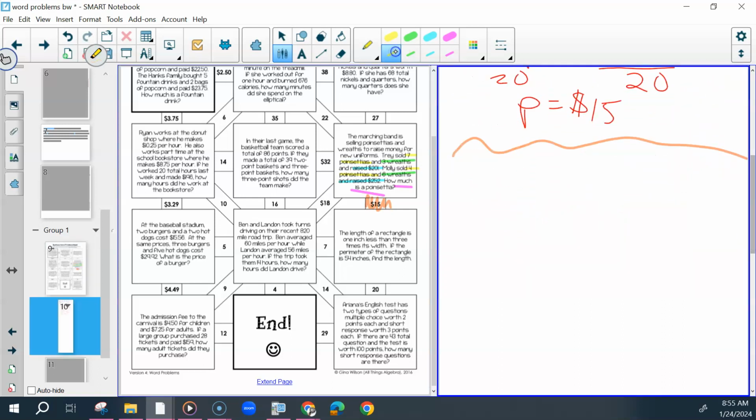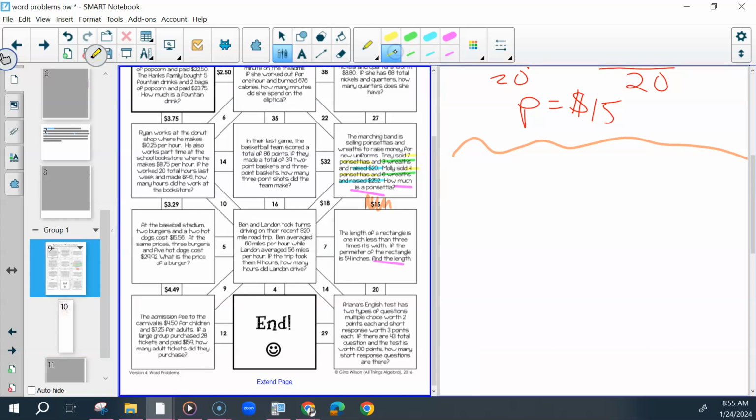What's important there? Okay. What else? The length of a rectangle is 1 inch less than 3 times the width. Perimeter of the rectangle is 54 inches.